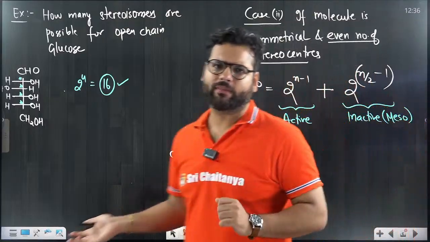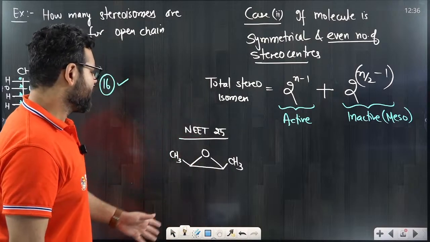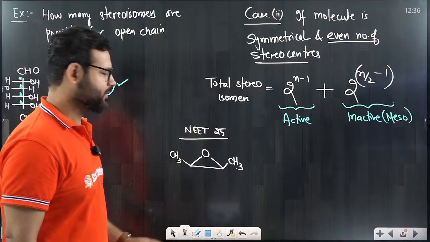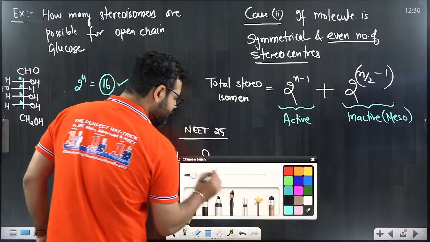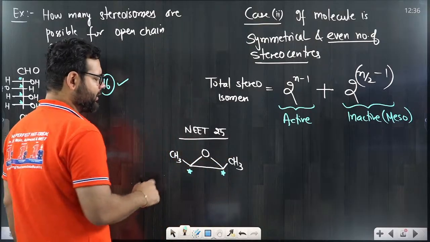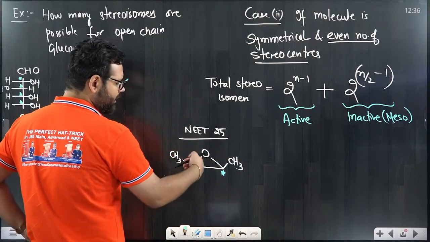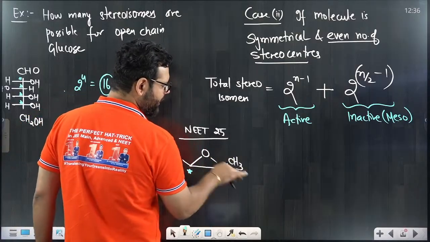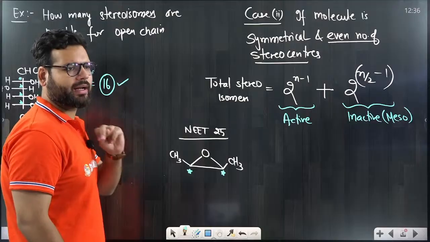This is a cyclic ether. But I can see that this is a symmetrical compound. I have a possibility of cutting it into 2 equal halves. So there is this chiral carbon, there is this chiral carbon. 2 carbons are chiral here. This carbon is attached to a methyl, a hydrogen, a C and an O. This carbon is attached to a methyl, a hydrogen, a C and an O. 2 chiral carbons are there.